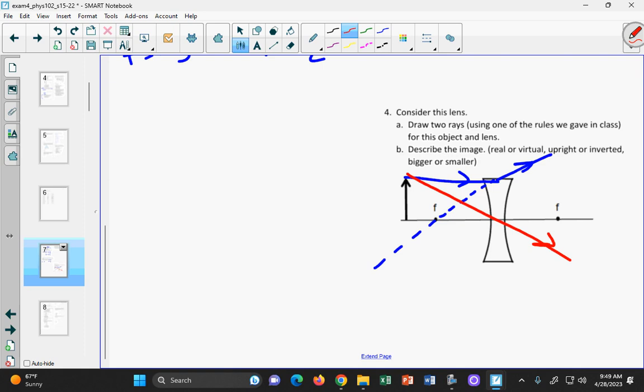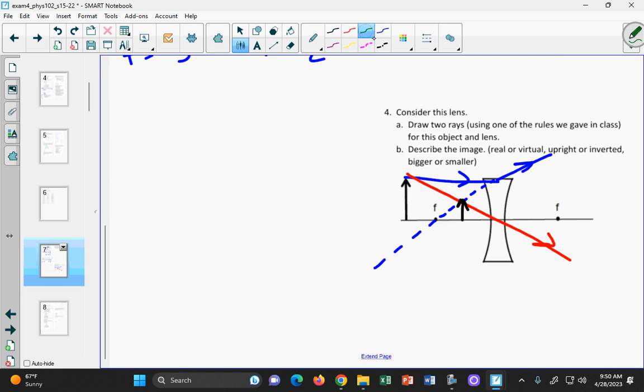These are the two easiest rays for lenses. Parallel to the axis, through the focal point, and then through the center of the lens. And then I know that my image is going to be right here.